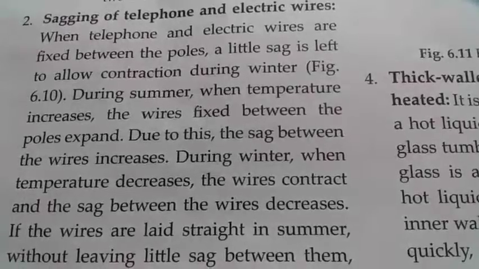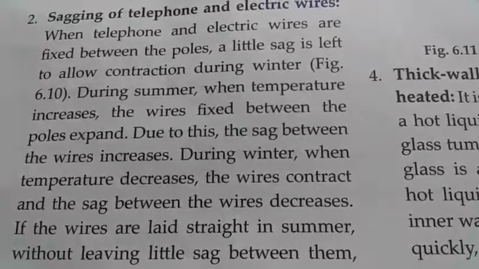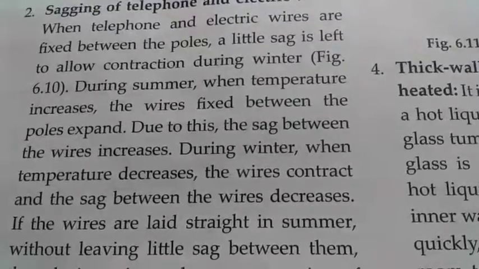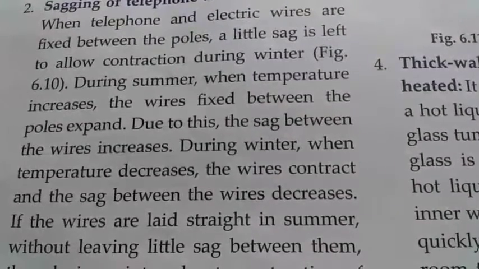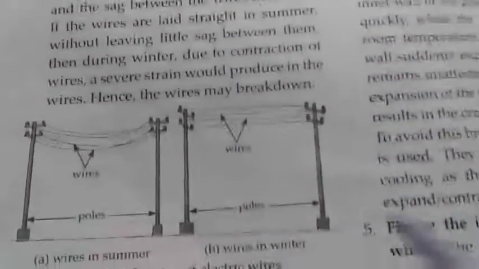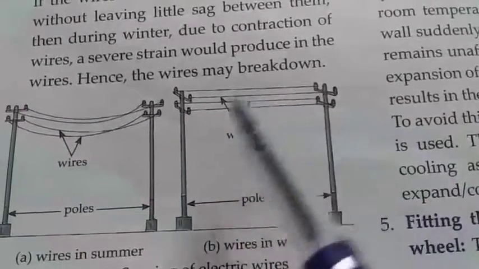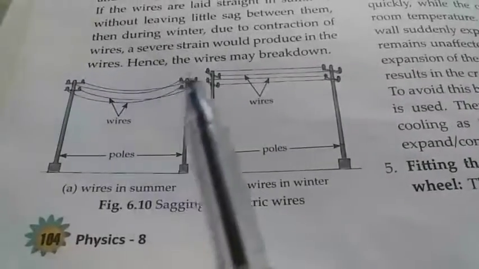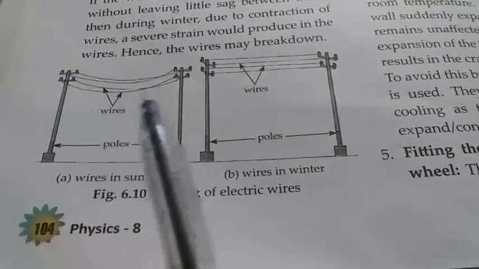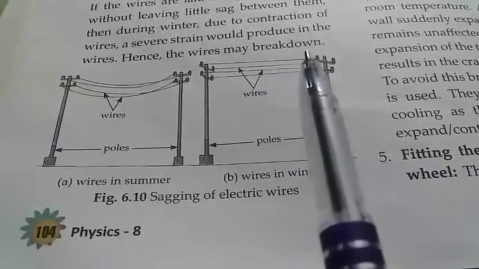And during winter, when temperature decreases, the wires contract and the sag between the wires decreases. So during summer the sag increases and during winter the sag decreases. So a little sag is left between the wires; this sag increases due to thermal expansion during summers and decreases due to contraction during winters.